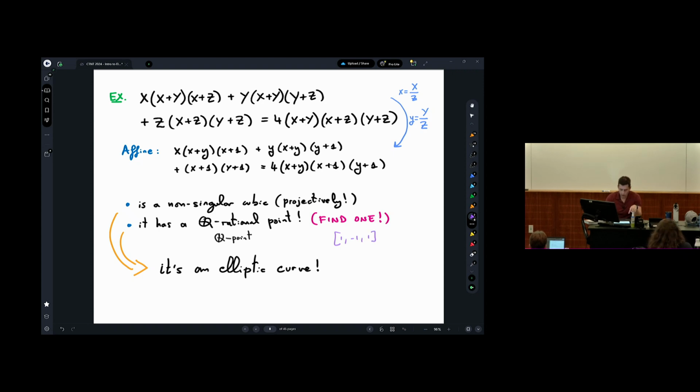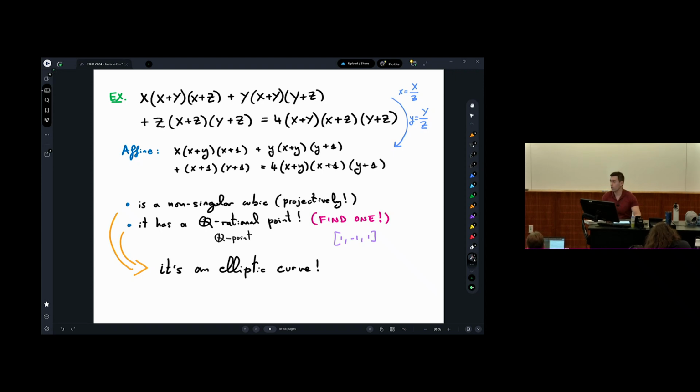That would make this vanish, this vanish, this vanish, and this vanish. Everything vanishes. So that point belongs. Okay, so that's an easy point.